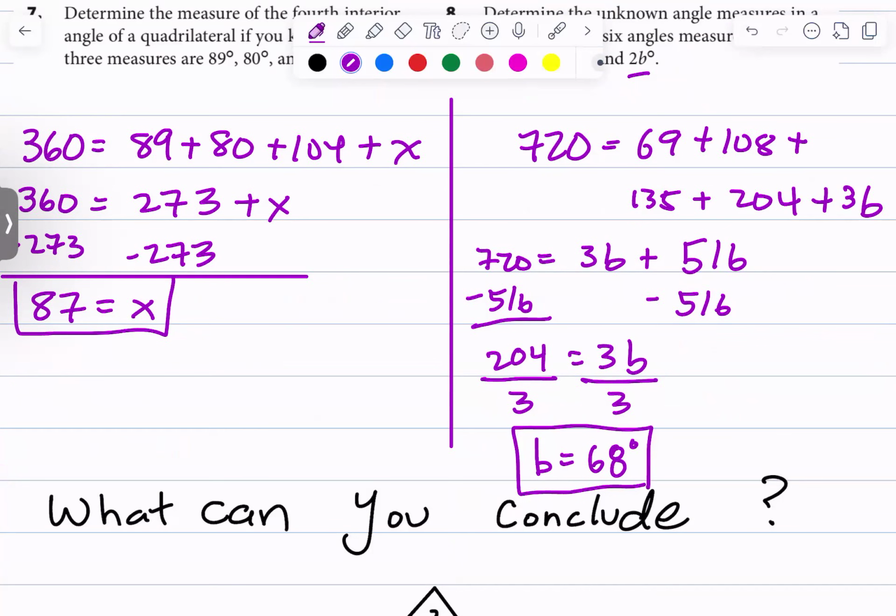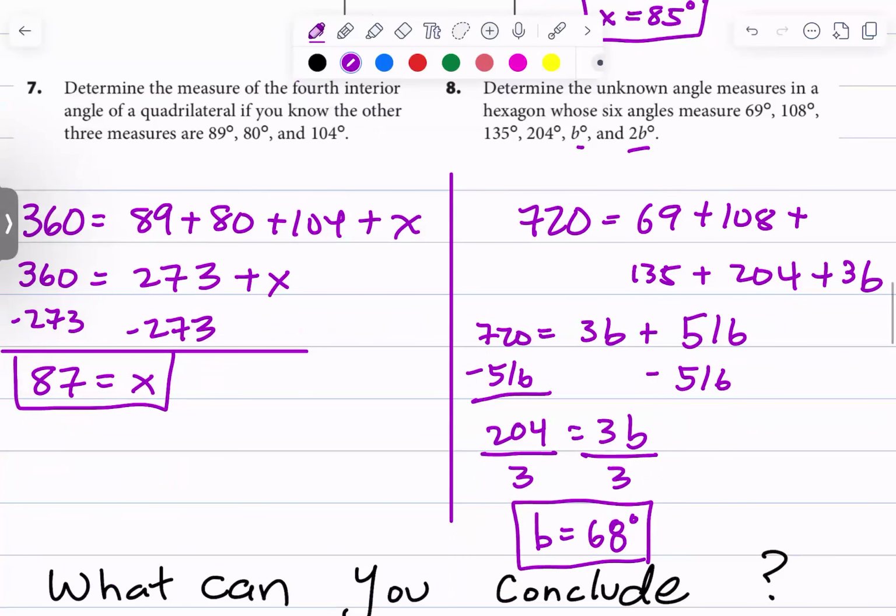Remember that. And then you can figure out the unknown angle measures by just plugging in 2 times 68, right? Which is 136.